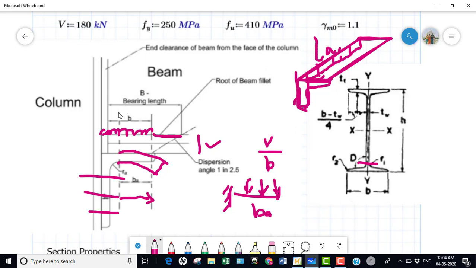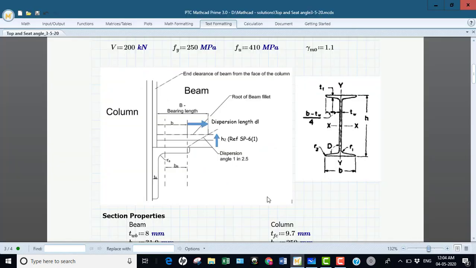If I know the total force and the capacity of one bolt, I can calculate the number of bolts for which the group has to be designed. So with this information, we'll go to the design steps.